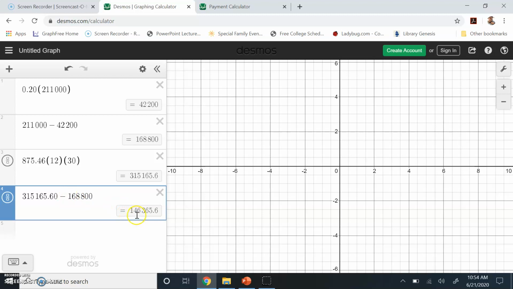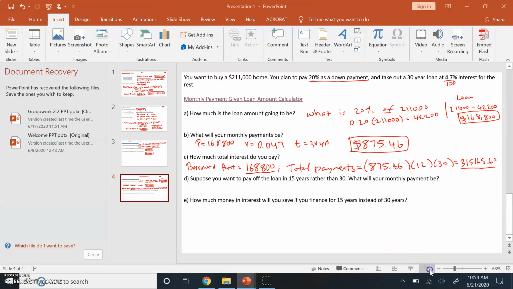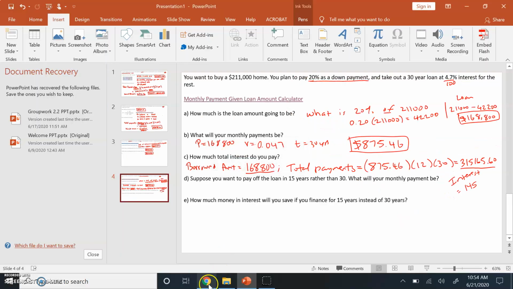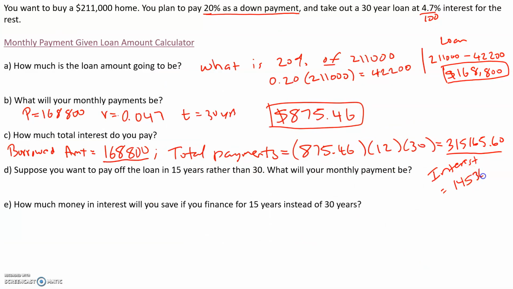So the interest we pay is 146,365.60. Oh, sorry, the interest rather. That is how much interest you're paying. So the interest is the total payments minus the borrowed amount.